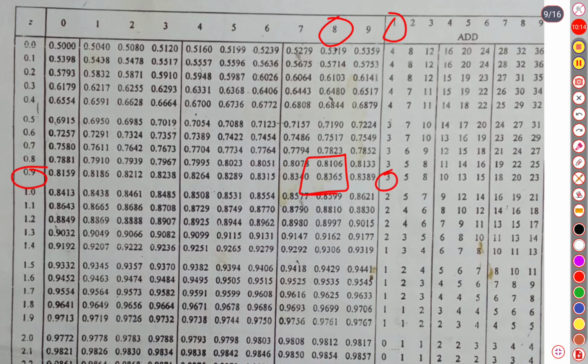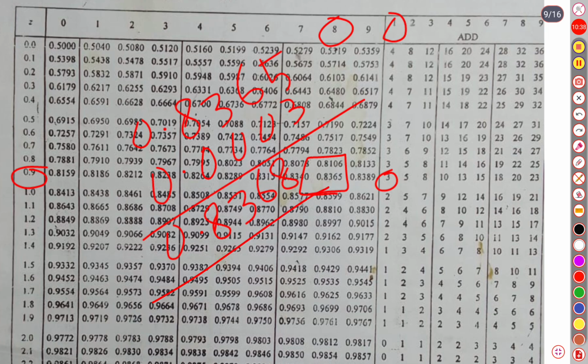If we add this 3, so how to write? 0.8365, then we will add 0.0003. So if we add this, it is going to be 0.8368. So this is our probability we have used.